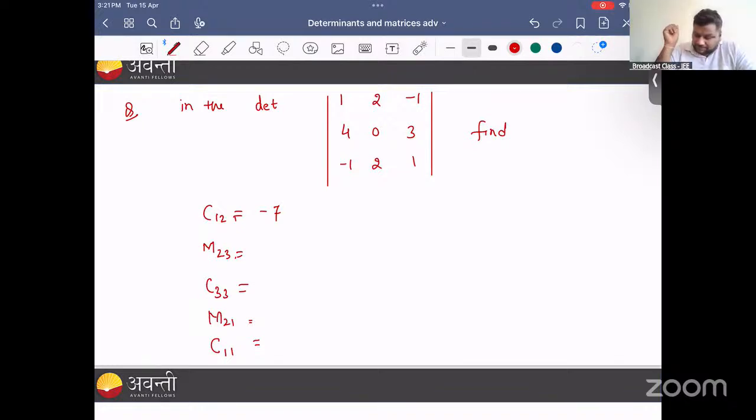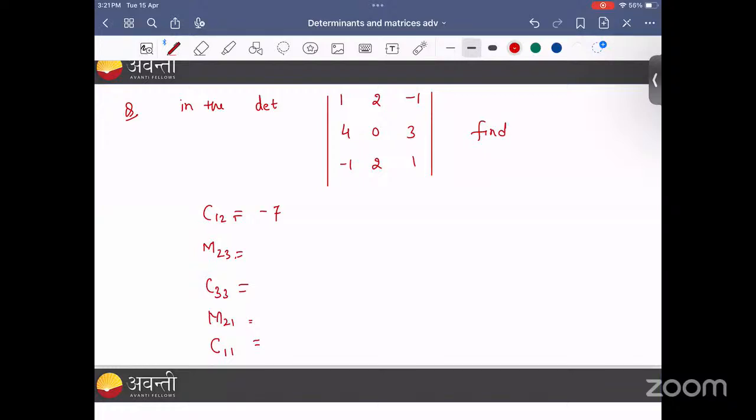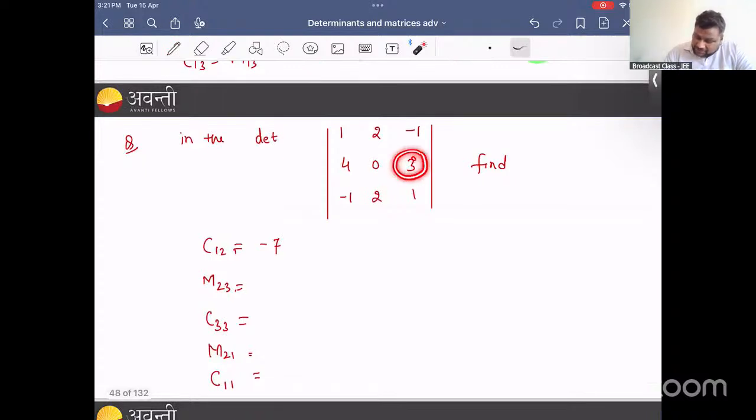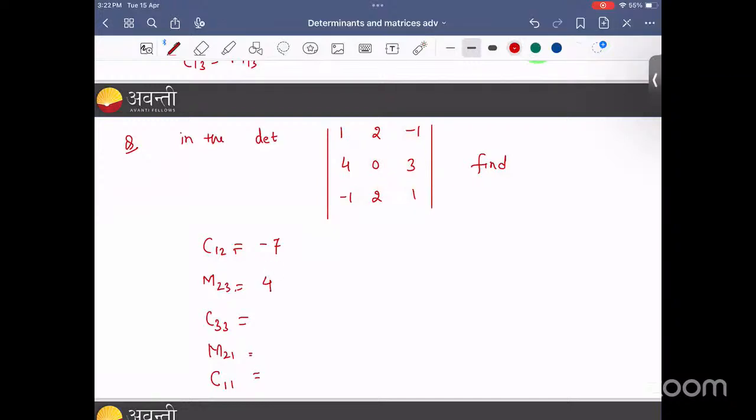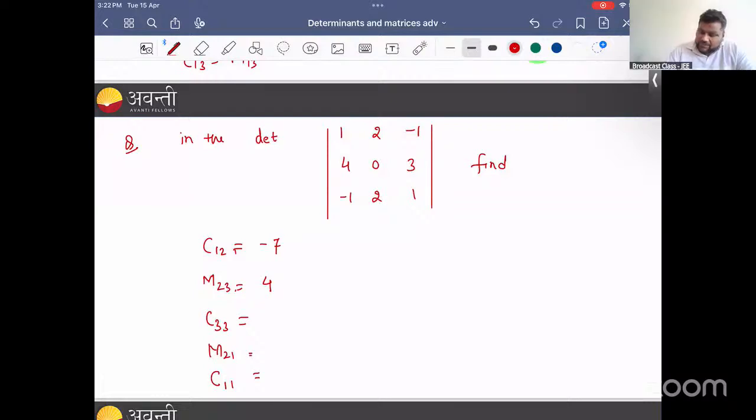No. M23 is the minor with respect to this element. So it is 2 plus 2, 4. Now C33. C33 is the cofactor with respect to this. So 0 minus 8. And the cofactor is equal to the minor in this case. So the answer is minus 8.